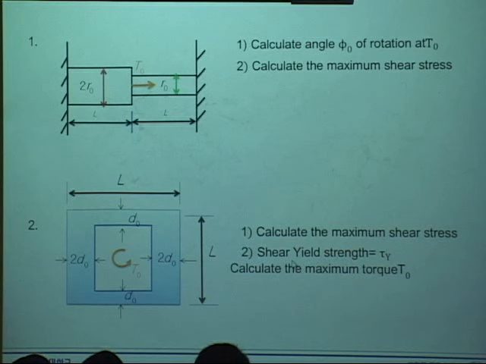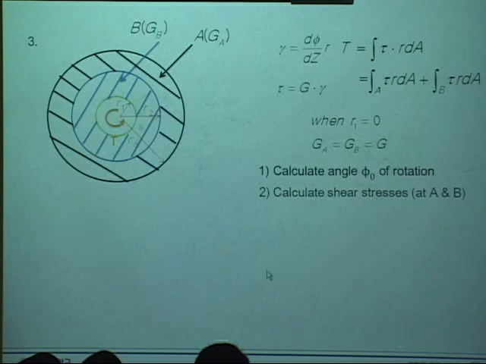And let's say the shear yield strength tau yield is given, then calculate the maximum torque T0 which can be applied to this shaft without any material failure or yield. That was the second. The third one is a very important problem.